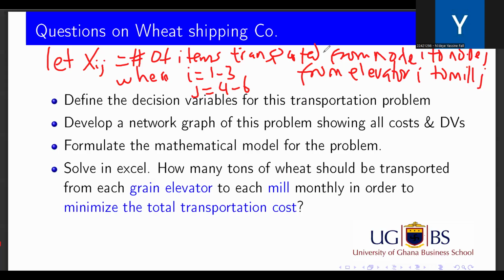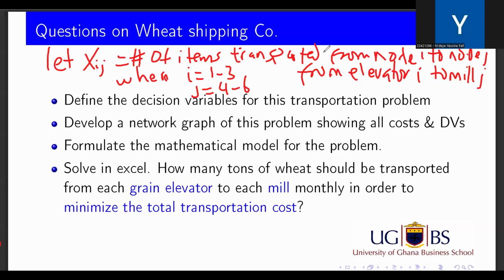Yasin: Before, the first thing you did was let Xij be the number of items transported from node I to node J. Is that statement always supposed to be there? Because I realized that after that statement we were a bit more specific, from elevator I to mail J. No. You can use that or you can use the next one, which is specific.